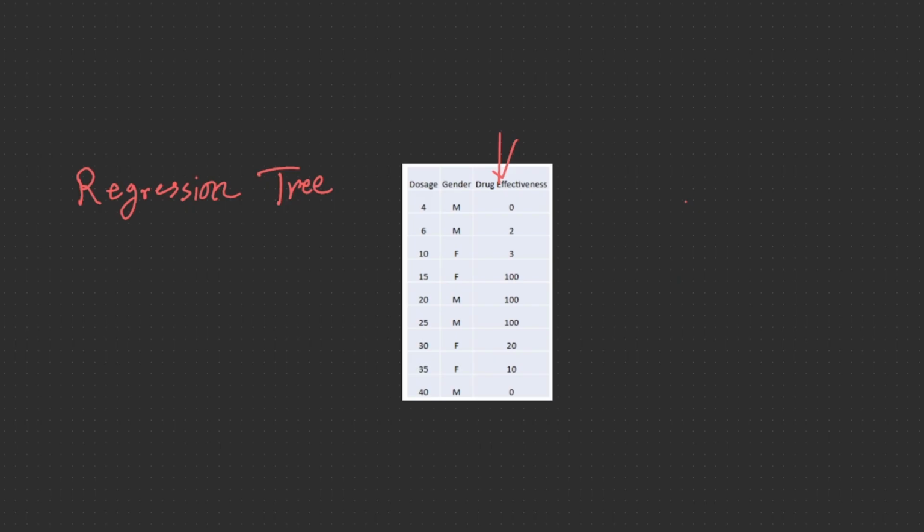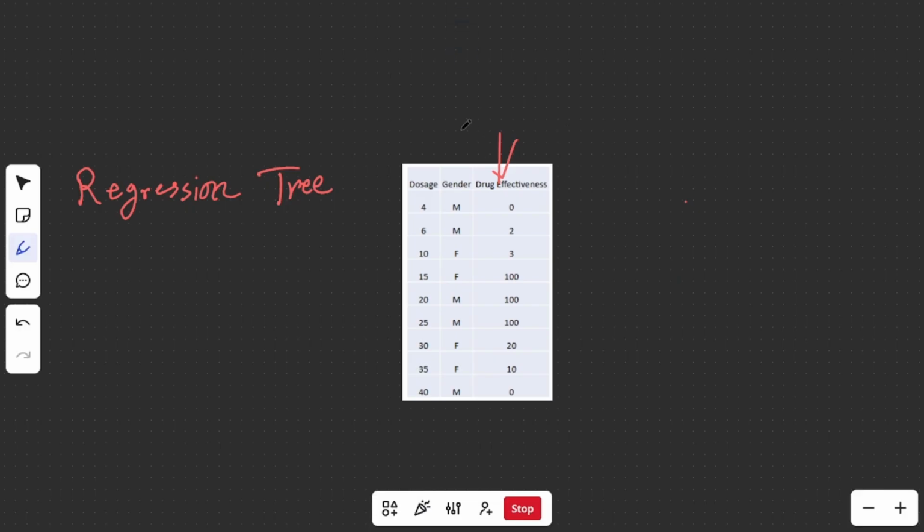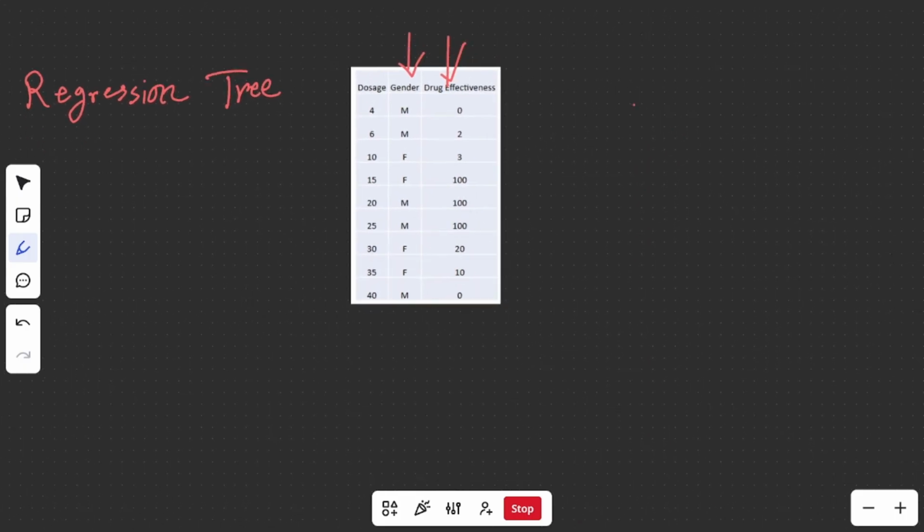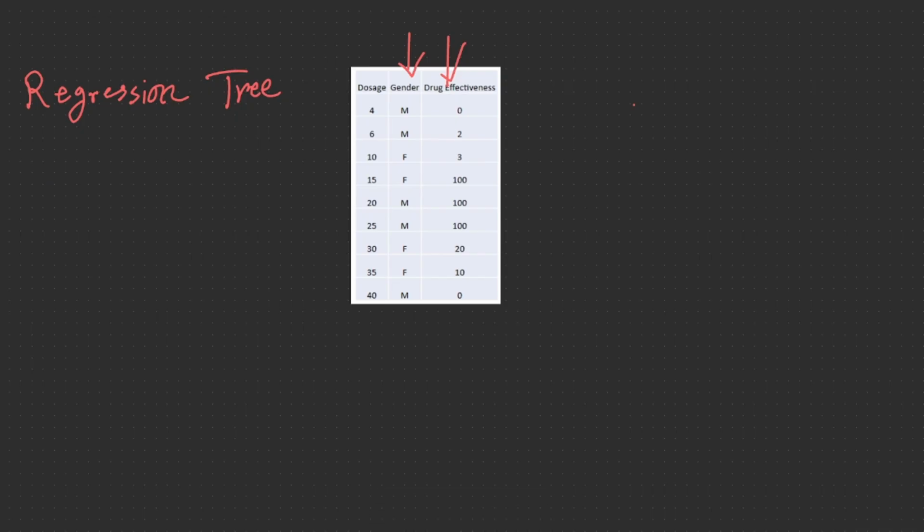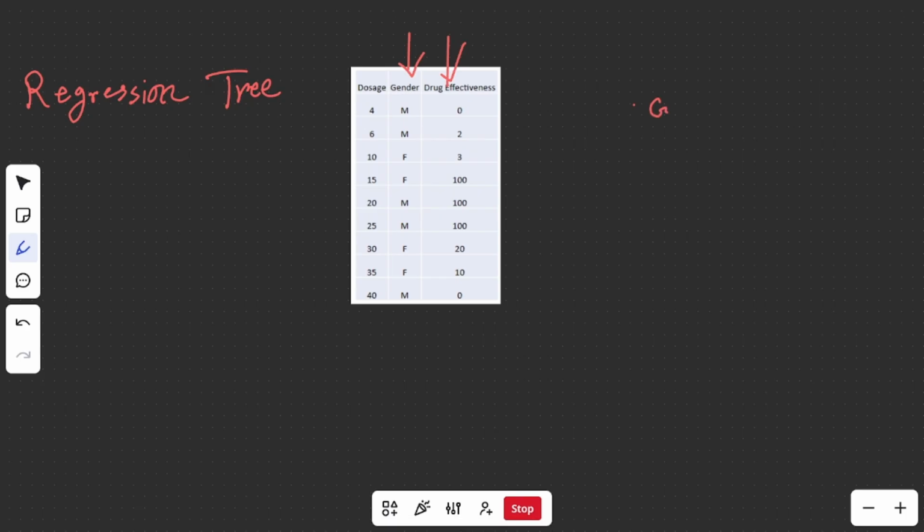Now let's work on gender. So you can see there are two types of gender. Firstly male and then female. So for male, 1, 2, 3, 4, 5.